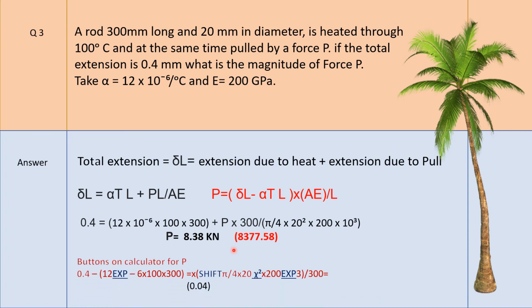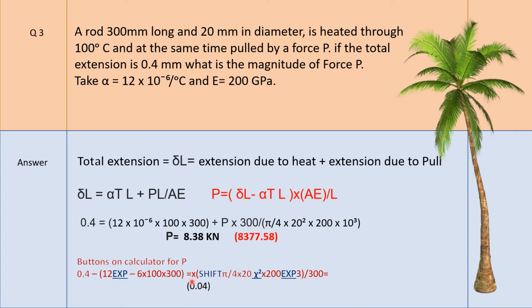Now here I am giving the buttons to be pressed for the calculator. You can try it. 0.4 minus this full bracket alpha TL, that is 12 exponential minus 6 into 100 into 300 bracket close, and press equal to. This equal to is very important. When you press equal to, you will get this answer 0.04.